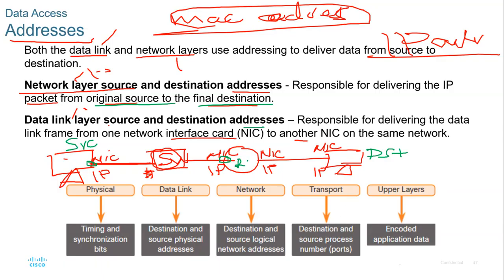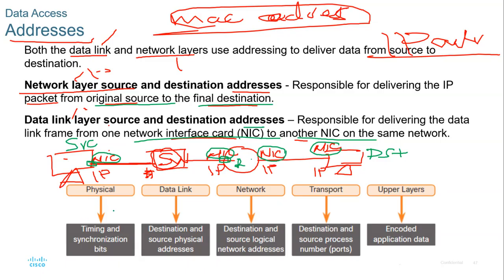Before the router forwards the packet, it replaces the MAC address, which was this initially, with this as the source, and the destination MAC address this. That is what it means to be responsible for delivering the data link frame from one network interface card to another on the same network.